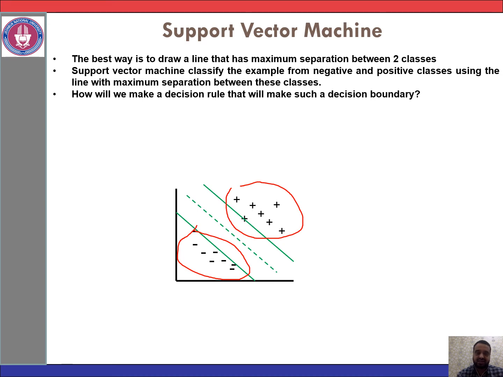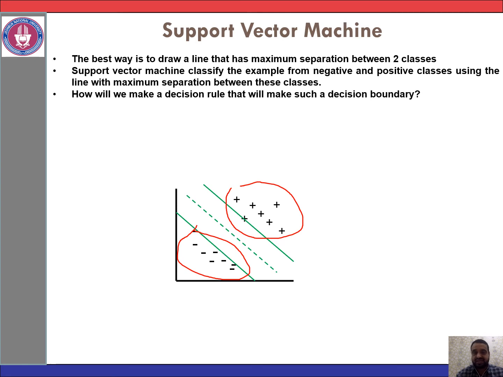It is in the middle of these two, not only in the middle, but it is drawn in such a way that the positive class is well separated from the negative class. Support vector machine provides this capability to classify the two classes from each other by a line which separates them with the maximum margins.